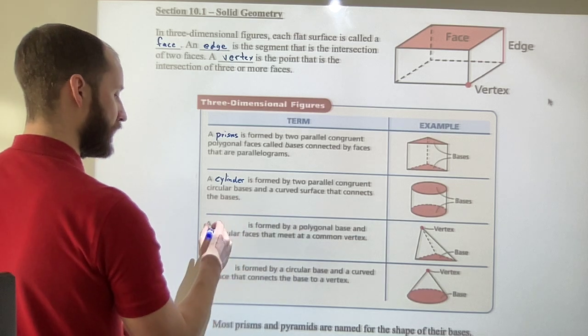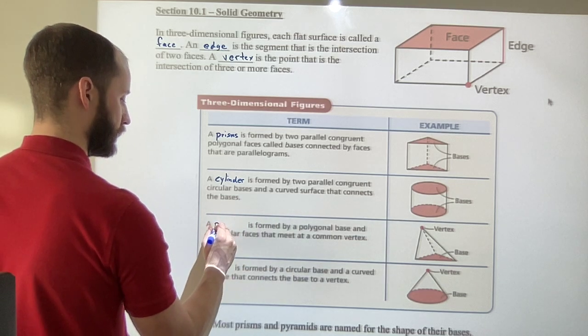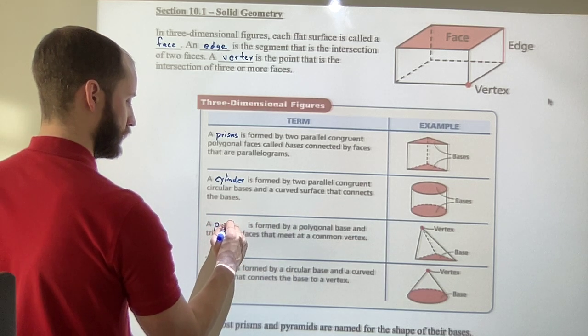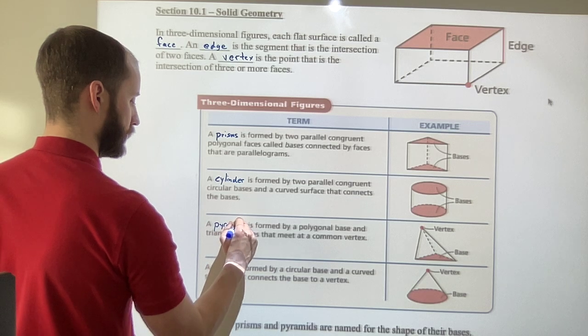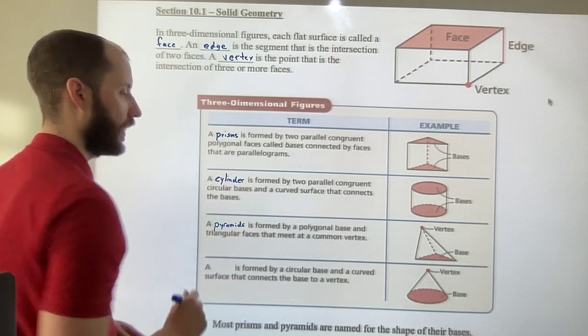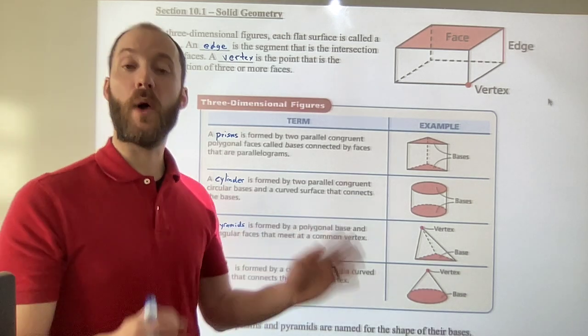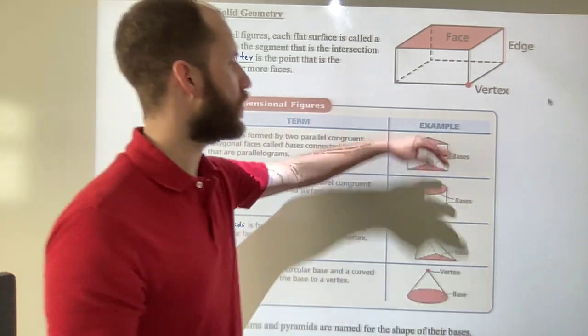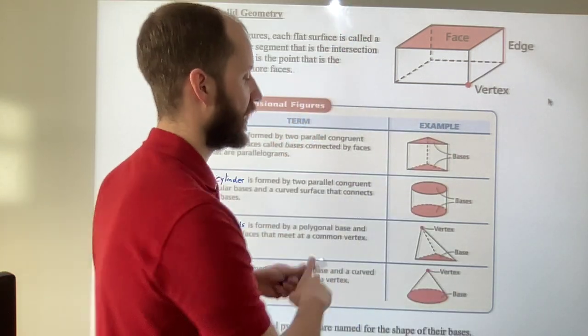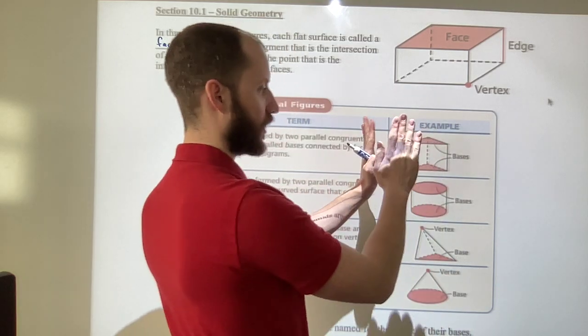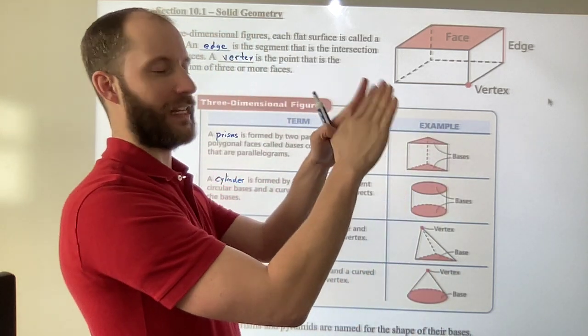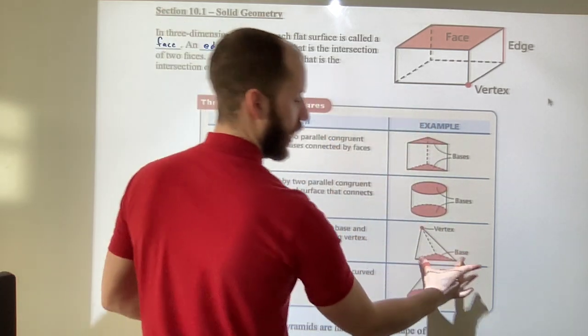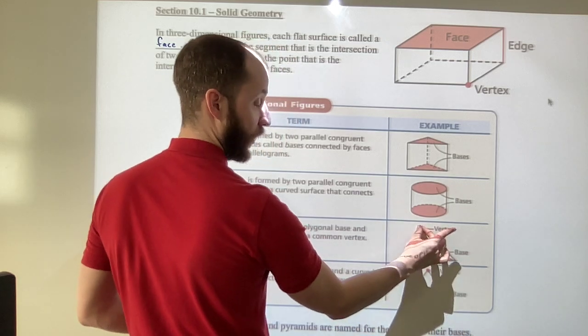We have pyramids. So pyramids, only one base. So removing, for example, the top base, then all the vertical faces kind of fall in on each other, all coming up to a single point.